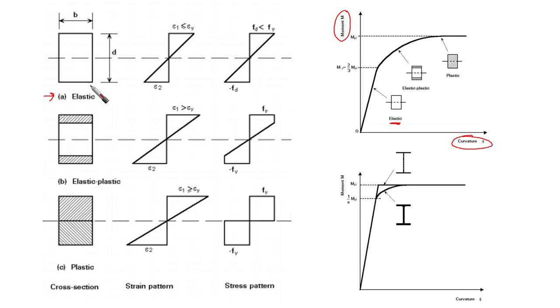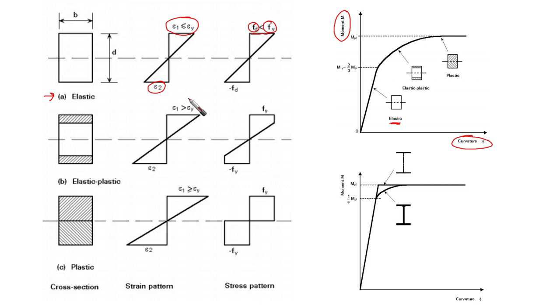What is the meaning of elastic? It means that the stresses developed across this cross section, the strain, is always less than the yield strain, and of course the stresses developed are always less than the yield stress.